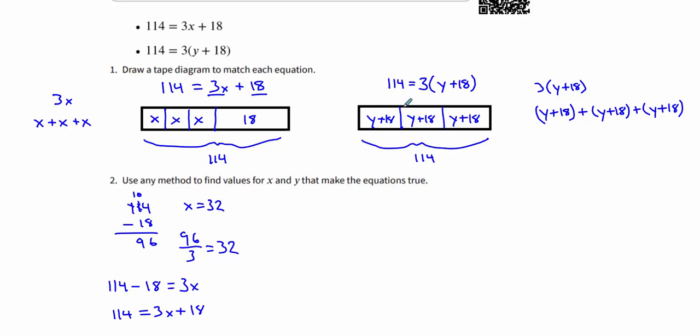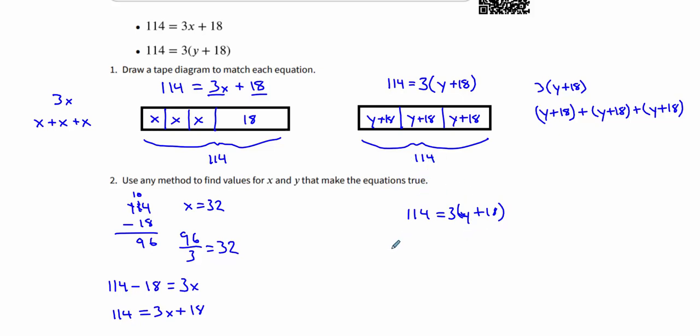So if this whole thing right here is equal to 114, if I divide that into 3 parts, if I take this 114 and divide it by 3, that's just going to leave me y plus 18. So I'm going to rewrite my equation here. 114 equals 3 times the quantity of y plus 18.